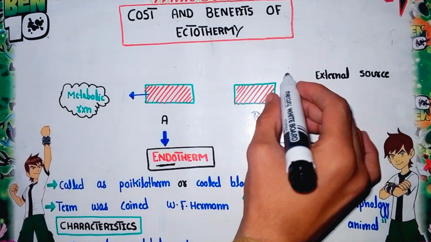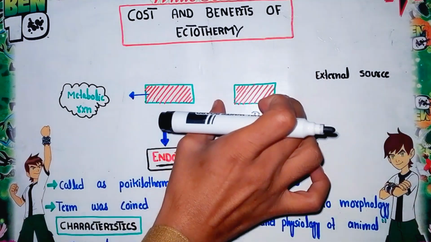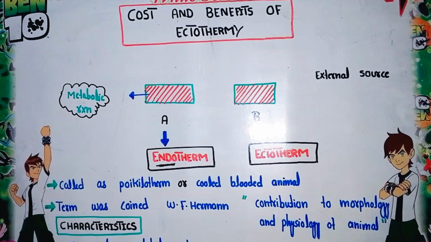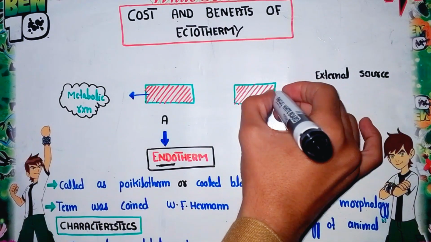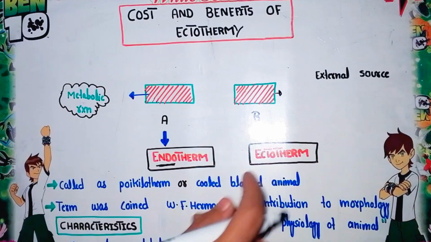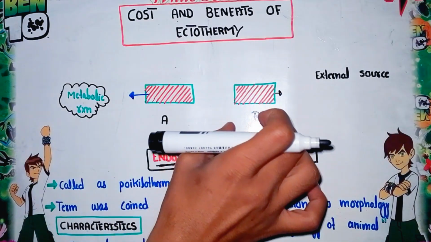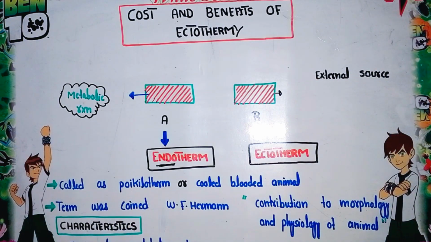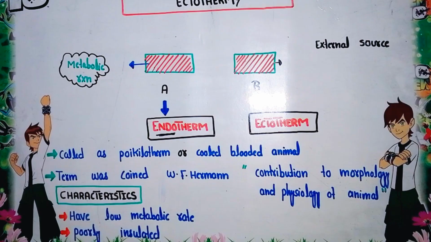Because in these organisms the metabolic rate is very slow, and they are unable to give enough heat to their body, so they rely on external sources. So this is the concept of ectothermic and endothermic animals.